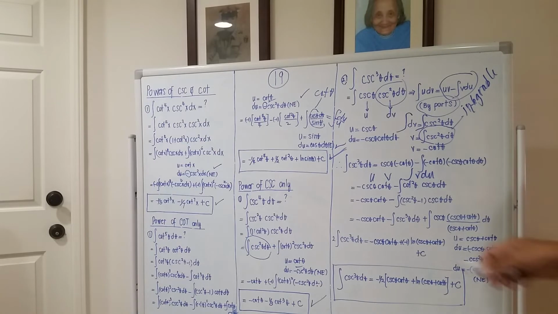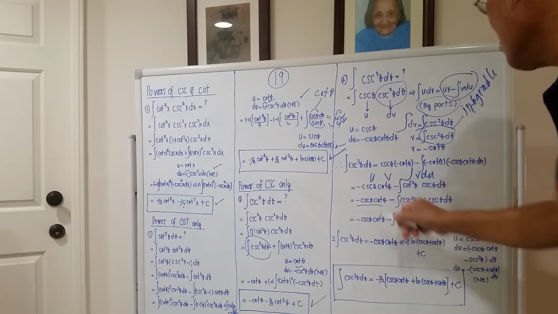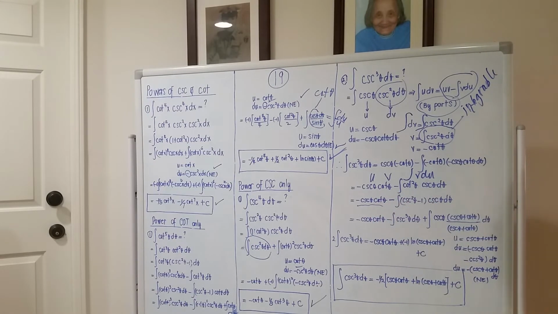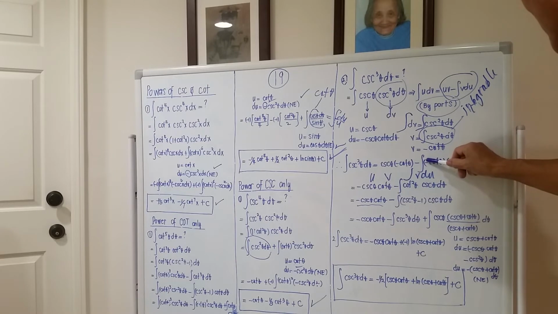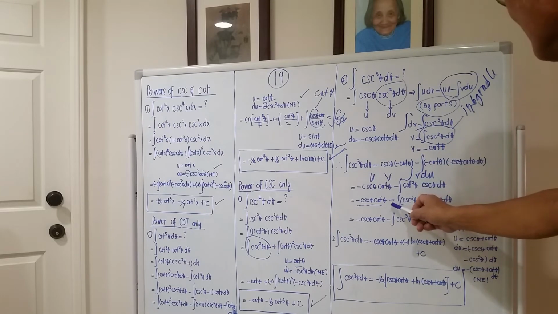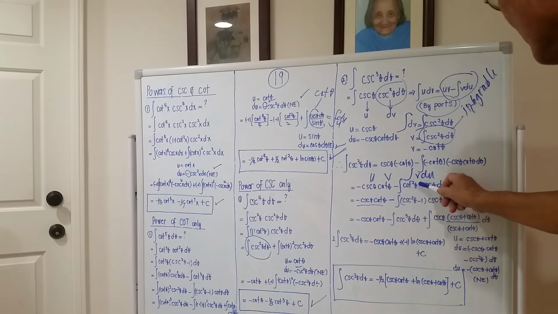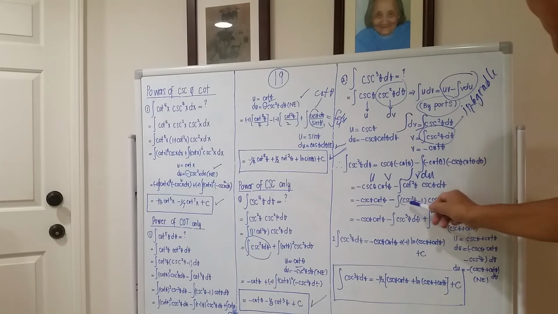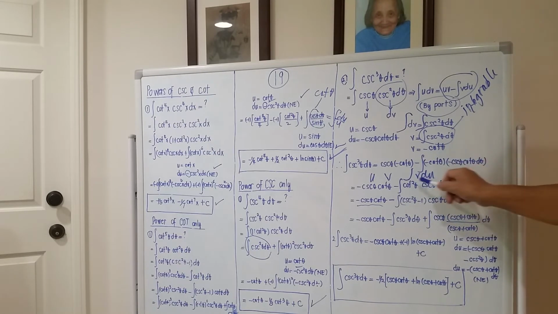We will just rewrite the product of this. Minus. There will be two cotangents here, so there is a cotangent square. But this is negative times negative, so it will be plus, but this is preceded by minus, so it will still be minus. We replace cotangent square of theta by cosecant square of theta minus 1, times cosecant of theta, differential theta.